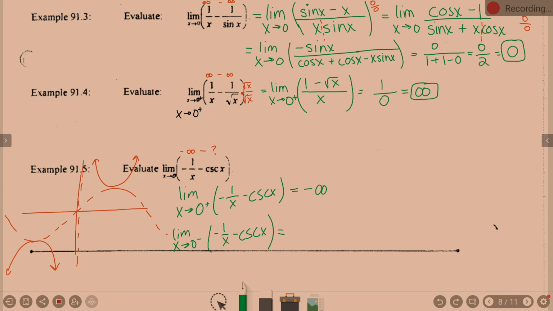That's regular 1 over x. Negative 1 over x flips it, right? So when you approach from the right, you're going up to infinity, but it's a negative of that. Minus cosecant x. Well, what happens when we approach 0 from the right? We're going up to infinity. So negative infinity minus infinity, you're still at negative infinity.